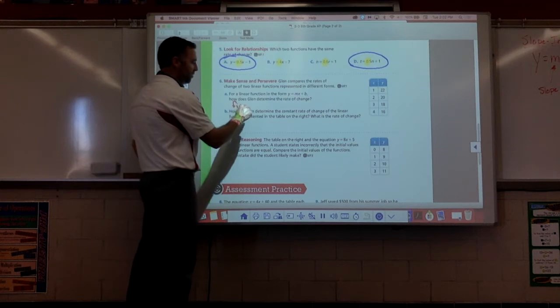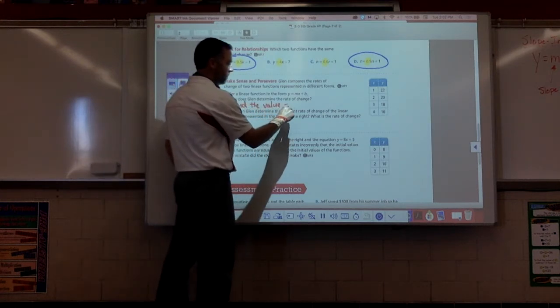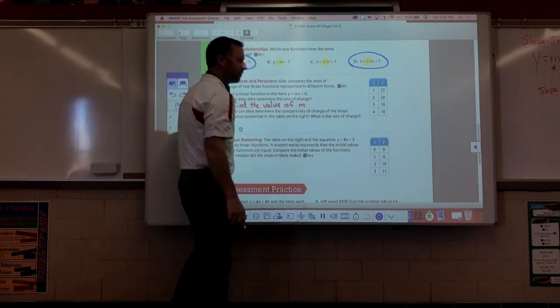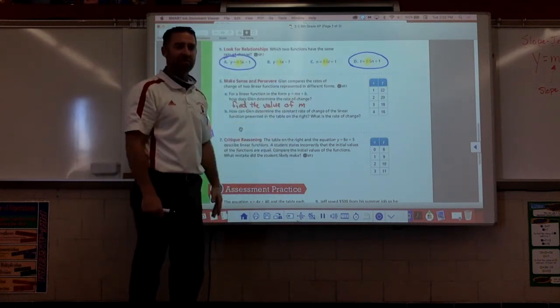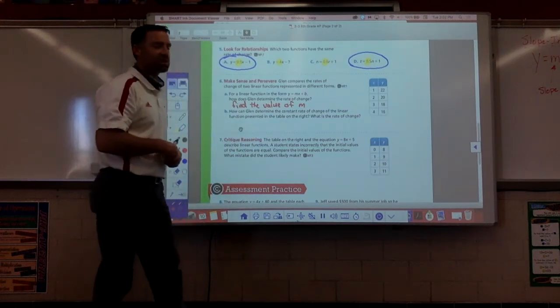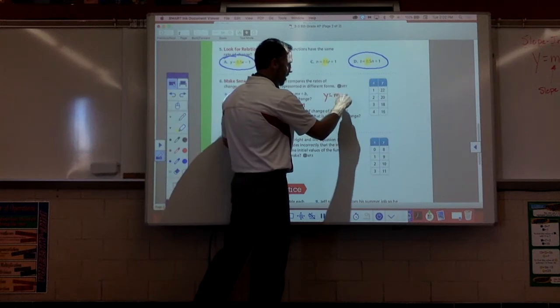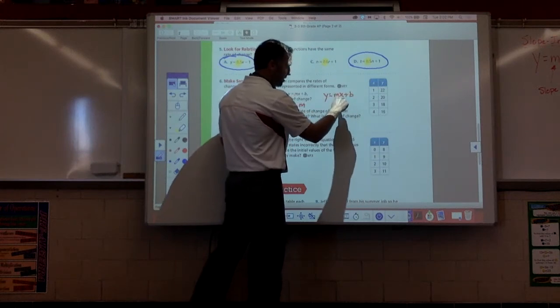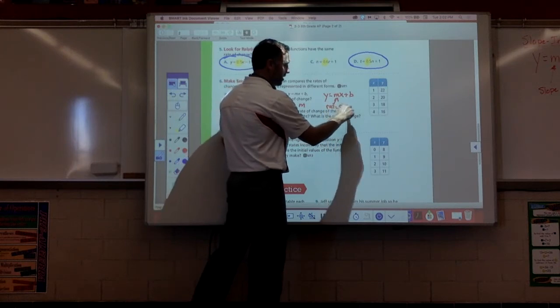Find the value of m. All we got to do is look at the number beside the variable. That will tell us our rate of change when given an equation. Y equals mx plus b. This number right here is our rate of change.